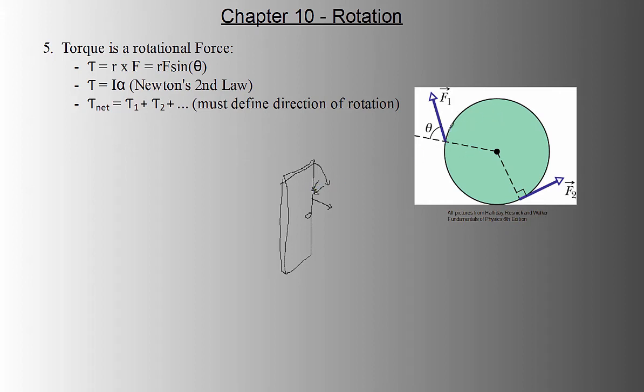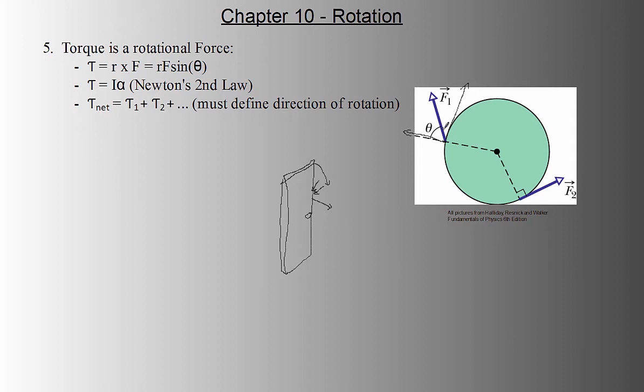If you want to rotate this record, think of this as a record from the top. If you apply a force out, you're not going to rotate it. If anything, you're just going to pull it away. But if it's stuck in the record player, this is not going to rotate. If you want to give it the full rotation, you'll apply a force perpendicular or tangent to the circle, and anything in between is going to give you less of a torque.